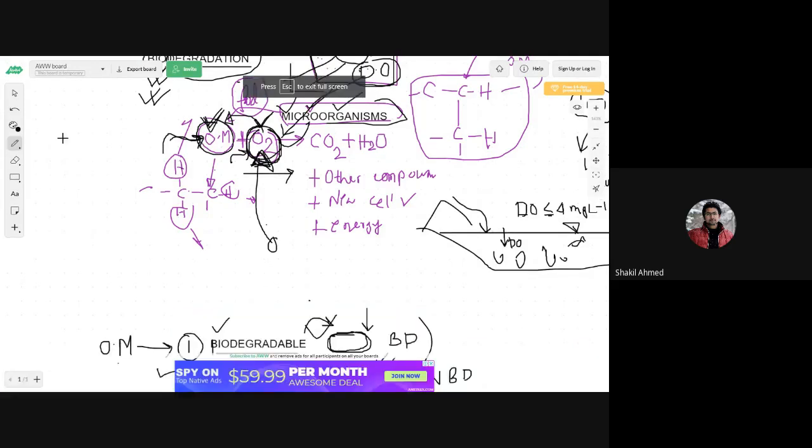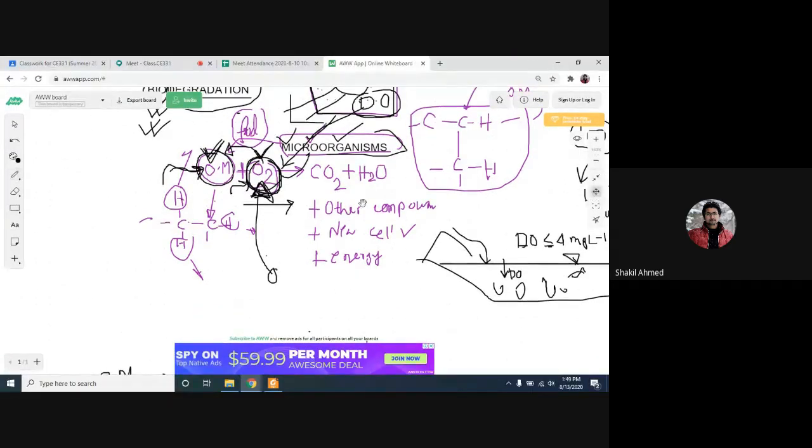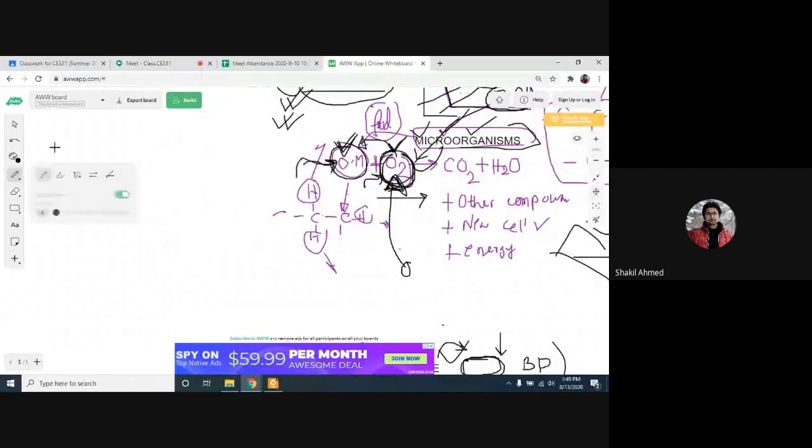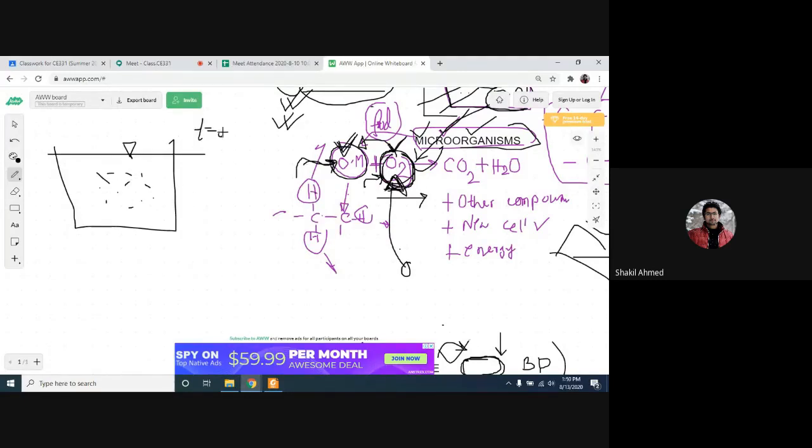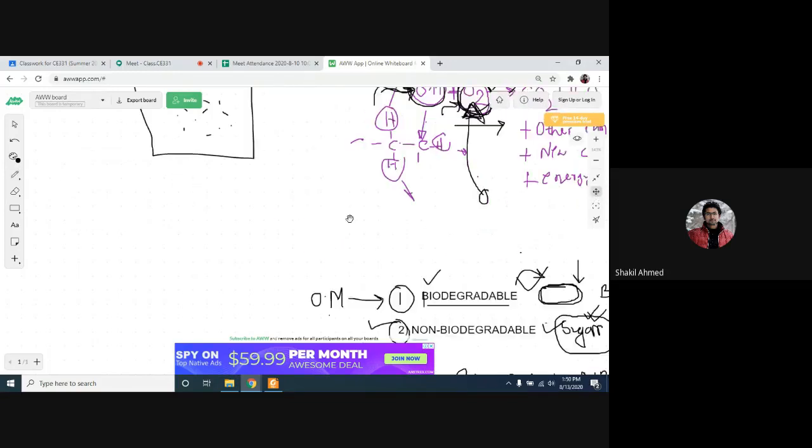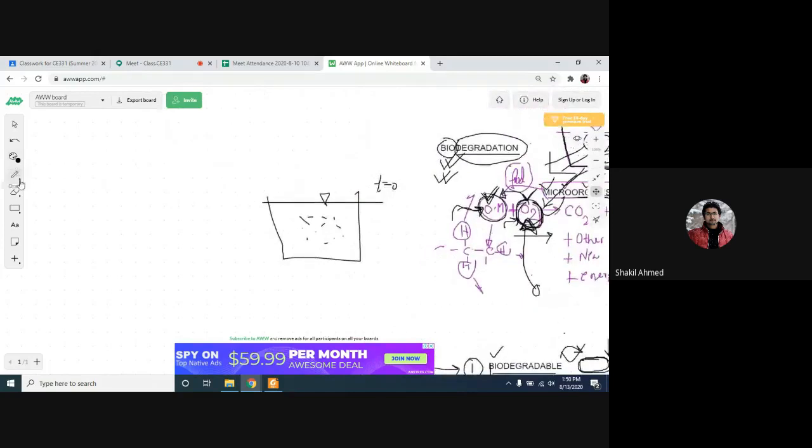So if you have a glass of water which has organic matter, at time t equal to 0, you measure your dissolved oxygen.